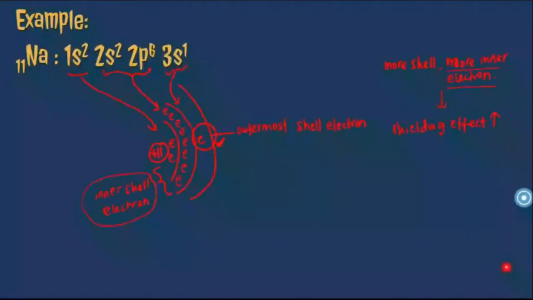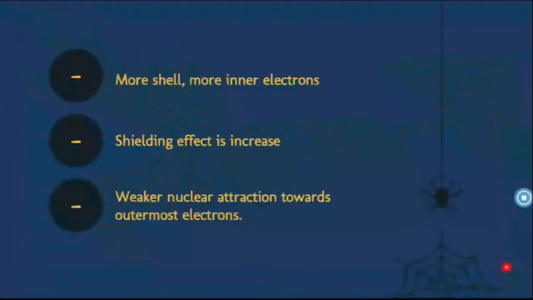Understand about the shielding effect? Yes. Okay, good. As a conclusion, when we have more shells, like I said earlier, we will have more inner electrons, so it will cause the shielding effect to be increased.